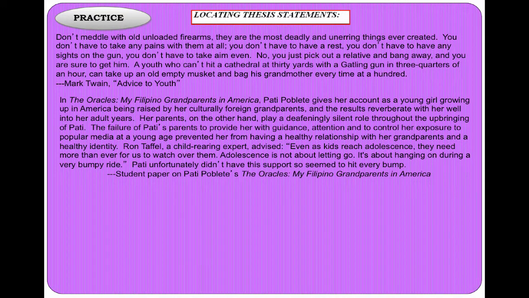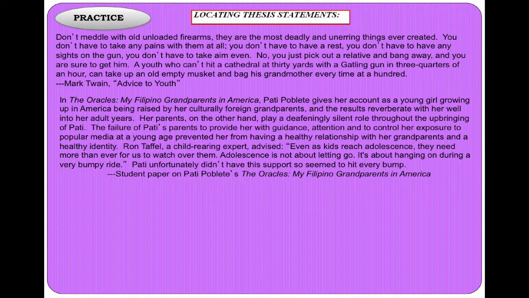In The Oracles, My Filipino Grandparents in America, Pati Poblete gives her account as a young girl growing up in America being raised by her culturally foreign grandparents, and the results reverberate with her well into her adult years. Her parents, on the other hand, play a deafeningly silent role throughout the upbringing of Pati. The failure of Pati's parents to provide her with guidance, attention, and to control her exposure to popular media at a young age prevent her from having a healthy relationship with her grandparents and a healthy identity.